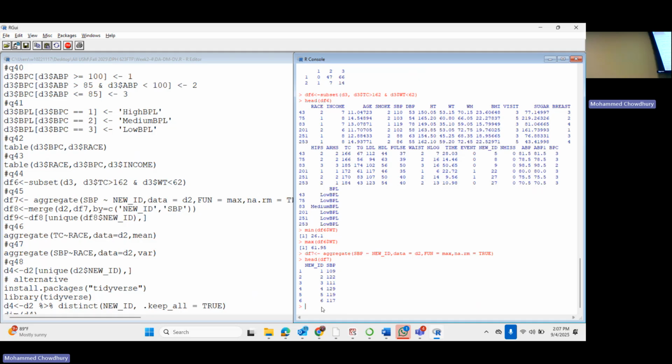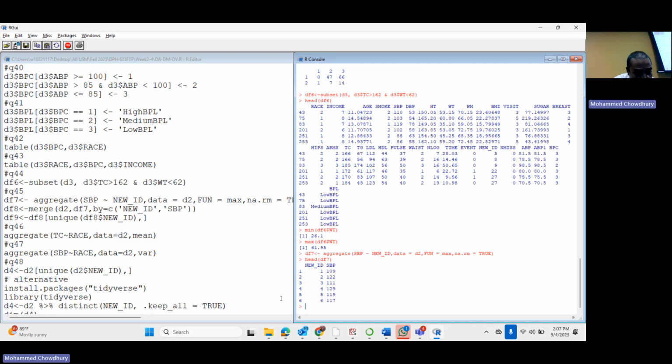Okay. Now I have to merge this data with the original data by the ID variable so that I will get my record data. You understand? Thus I selected the rows. Now I will merge it with the original data by this ID number so that I will get the original data.